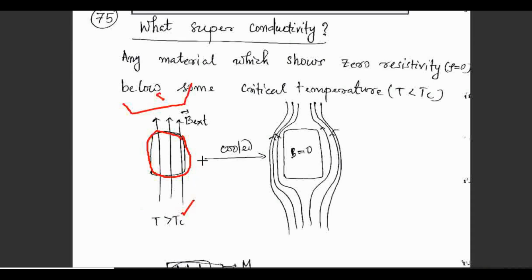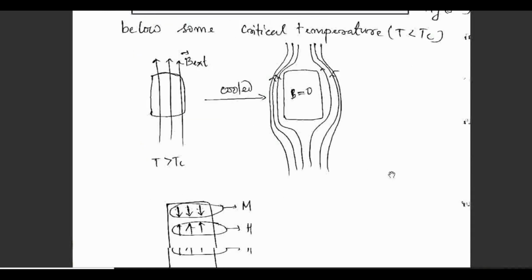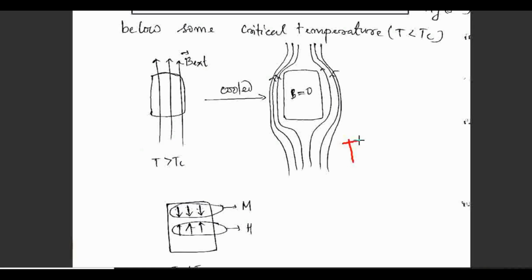But when you cool it below the temperature Tc, this is the case of T less than Tc. In this case, you see that the magnetic field inside the material is 0.